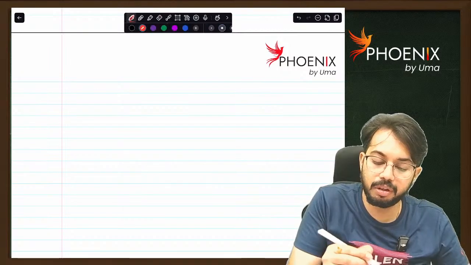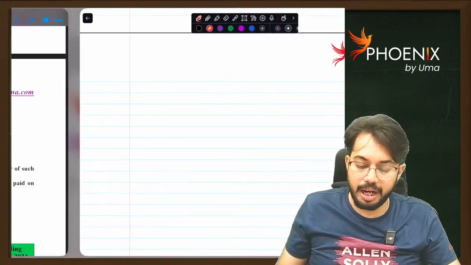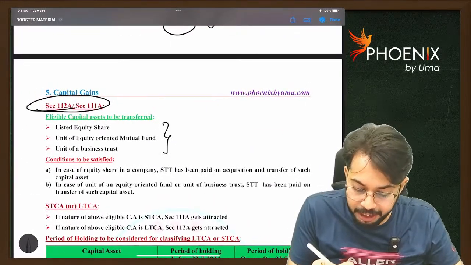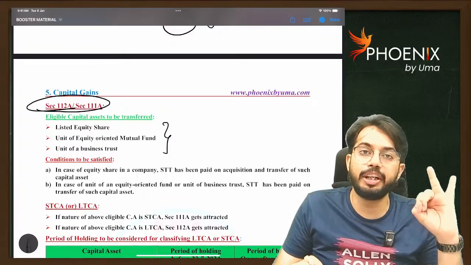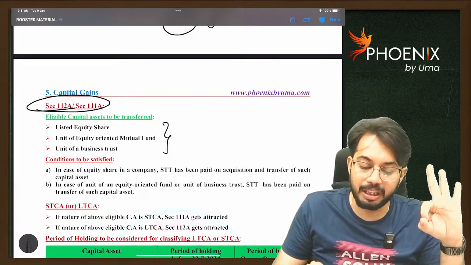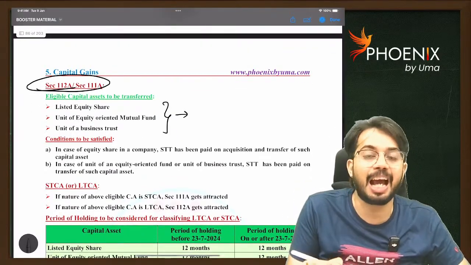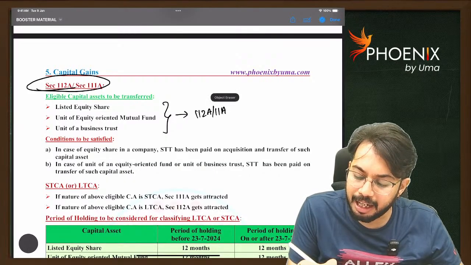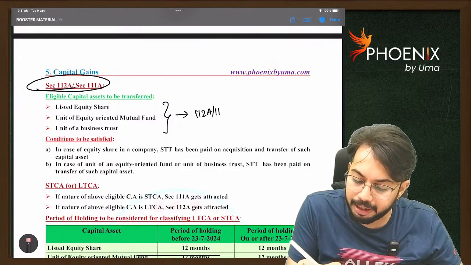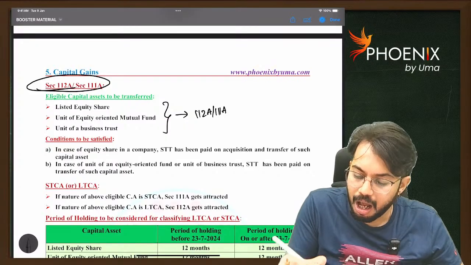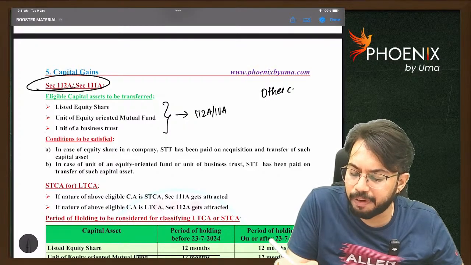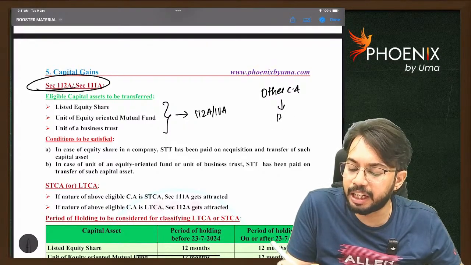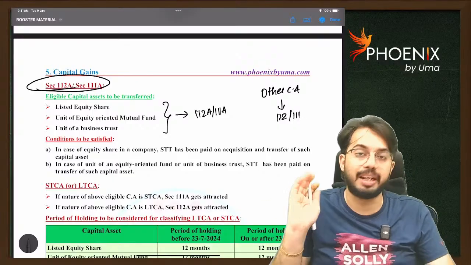Now, there are three capital assets: listed equity shares, units of equity oriented mutual fund, units of business trust. Only if these capital assets are transferred, 112A or 111A gets attracted. If you transfer another capital asset, like section 112 or 111 gets attracted.